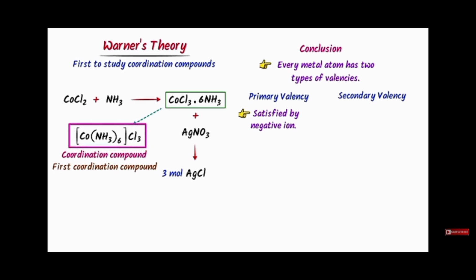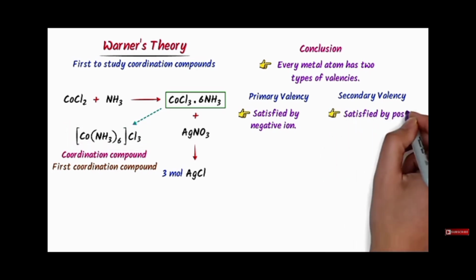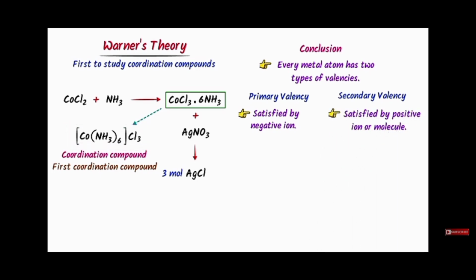It satisfies the primary valency of cobalt, while secondary valency is satisfied by positive ions or neutral molecules. For example, here in this compound, NH3 is a neutral molecule. It satisfies the secondary valency of cobalt.